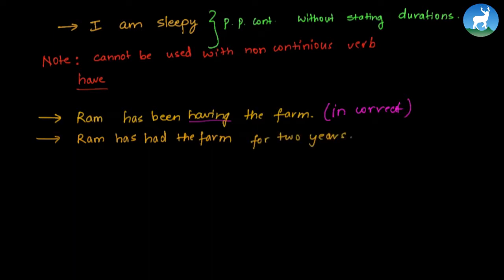This means Ram still has the farm, and we use the correct form of have by stating had and not having. This is an incorrect statement, and this is a correct statement. Now, we just looked at the present perfect continuous tense.